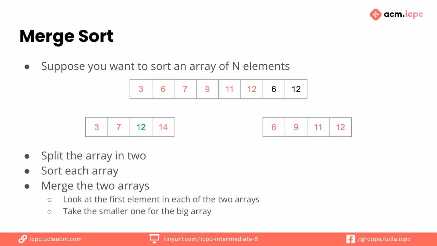At this point, we've gone through all the elements in the right subarray, so all the elements left are in the left one. Can anyone tell me what we would do in this case? We've exhausted all the elements in our right array. The only thing left is in the left.